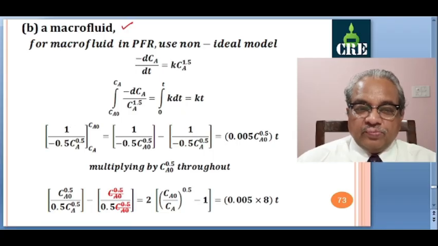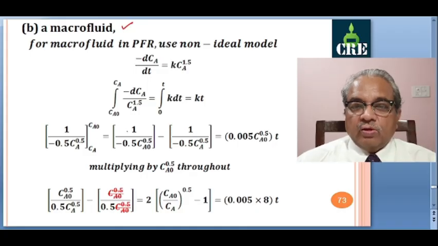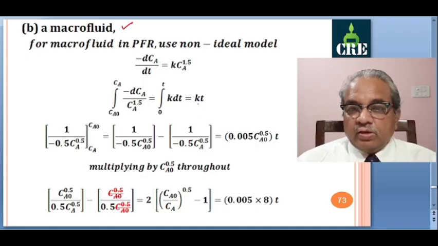So the integral is 1 by minus 0.5 Ca raised to 0.5. With this minus sign, I have reversed the order: Ca0 to Ca is written as Ca to Ca0, so the upper limit Ca0 comes first, then the lower limit Ca. K is 0.005, and t is also known.